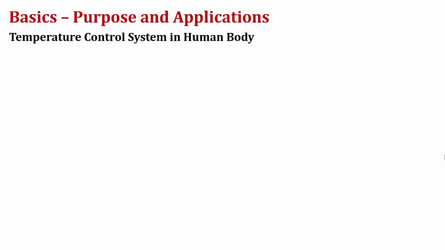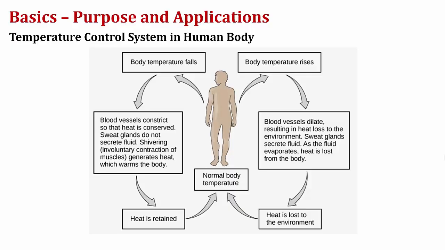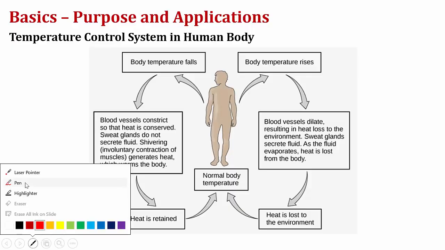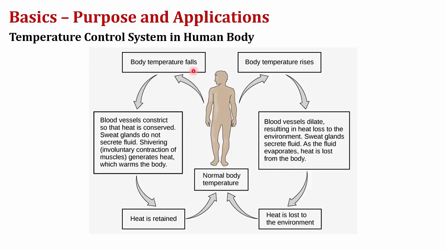Here is an example, the temperature control system in the human body. Whenever the temperature falls or rises, the body reacts accordingly. When the temperature falls, there is shivering in our body, and the sweat glands close, and the heat is retained and generated, which keeps our body warm, and it comes to the normal body temperature.